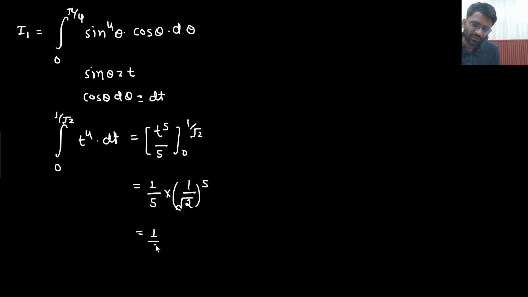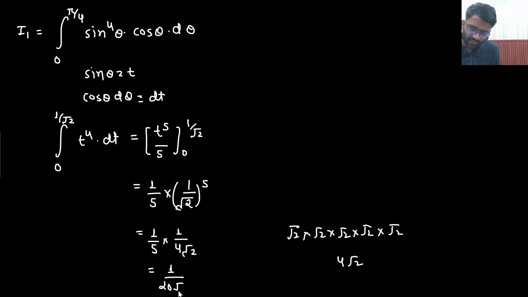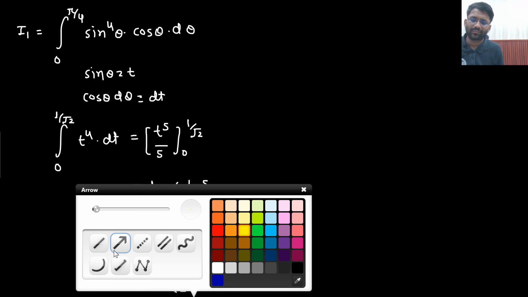What is 1 by under root 2 to the power 5? Under root 2 multiplied 5 times, so this will become 4 under root 2. So the answer is 1 by 20 under root 2.